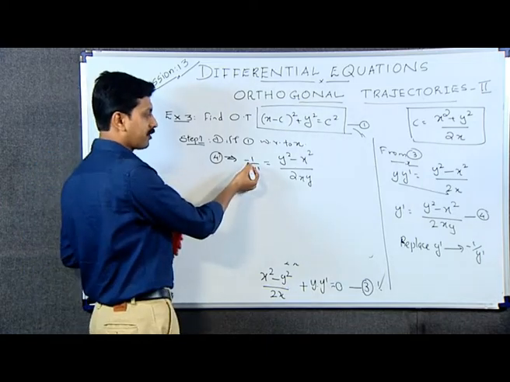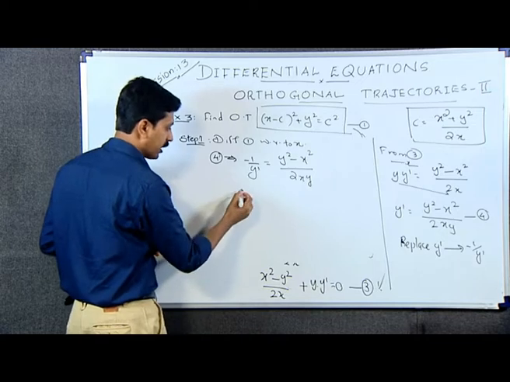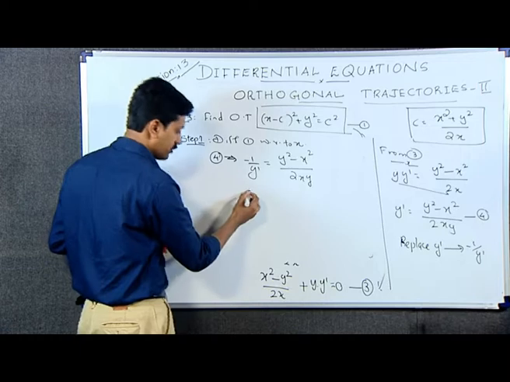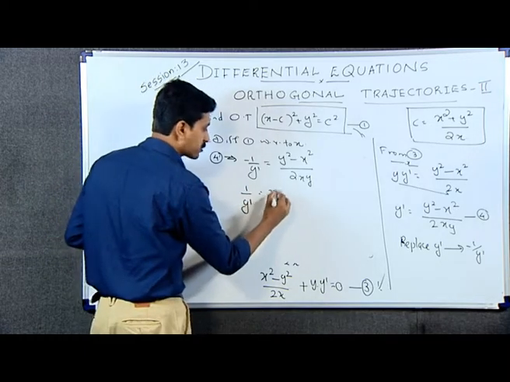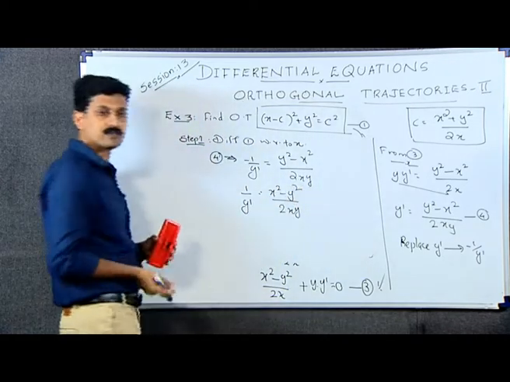See, minus 1 by y dash is there, I am taking the negative to the other side, therefore, by taking the reciprocal also, 1 by y dash is equal to x square minus y square divided by 2xy.